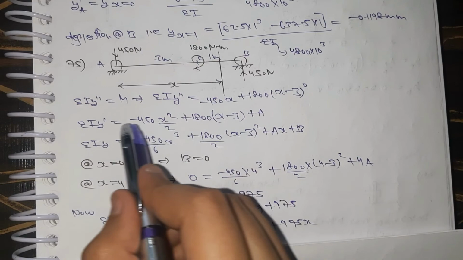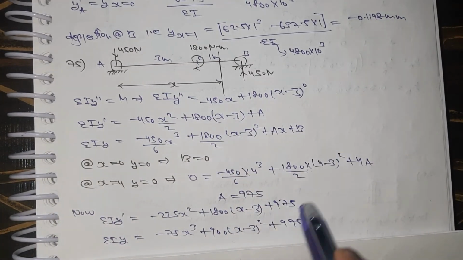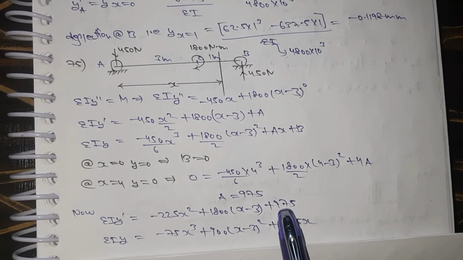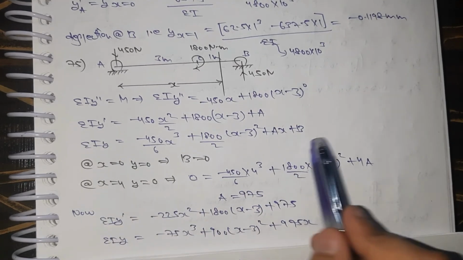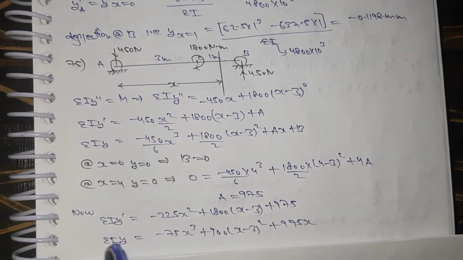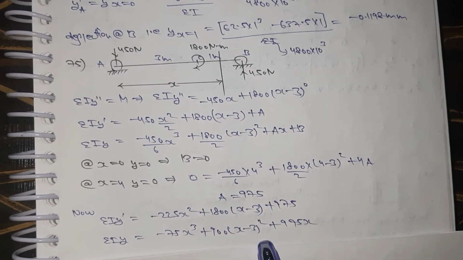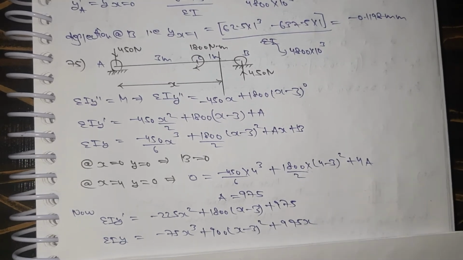I did nothing, I am just writing down the equation and substituting the values of the unknowns. The value of a we have already calculated, that is 975, and similarly I am going to substitute the values of a and b in this equation. EI y equals minus 75 x cube plus 900 x minus 3 square, and a is 975 x, and b was already 0, so it will become 0.